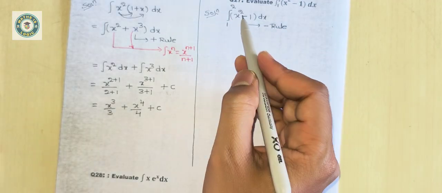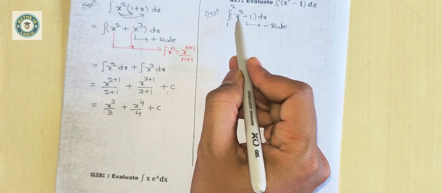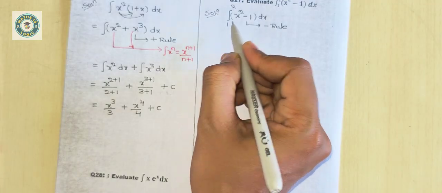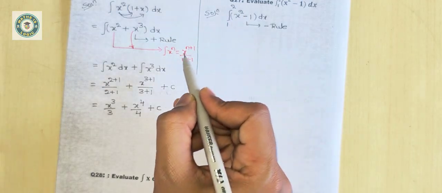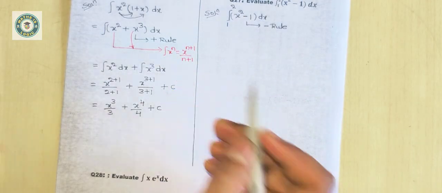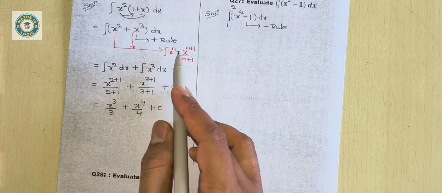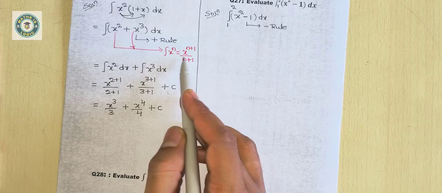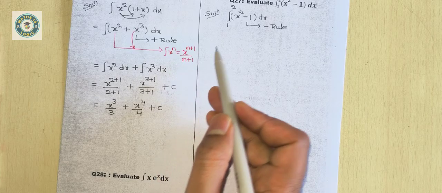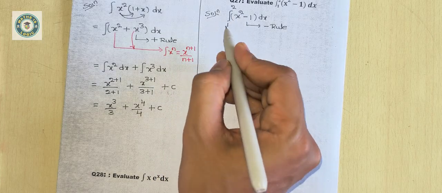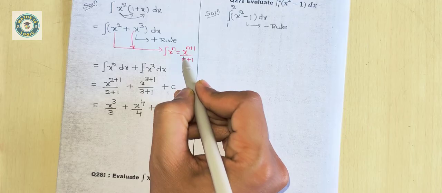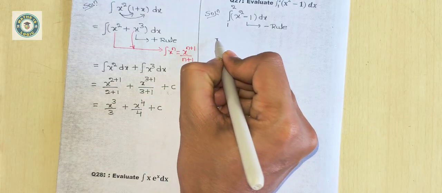So what is that minus rule? Both the functions we need to integrate. This x square looks like x to the power n, so x to the power n plus 1 divided by n plus 1. n means here 2. Therefore for this we are going to apply the x power n formula.